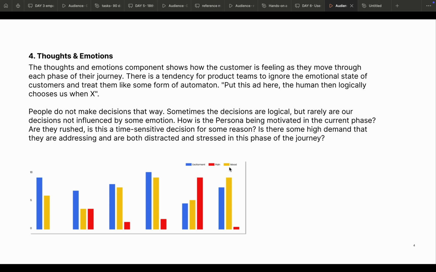Thoughts and emotions: here, what the customer or the user is feeling as they move through each and every phase of their journey. Is the user feeling excited? Is he in pain? Or is he satisfied? That is what the user's emotion could be.